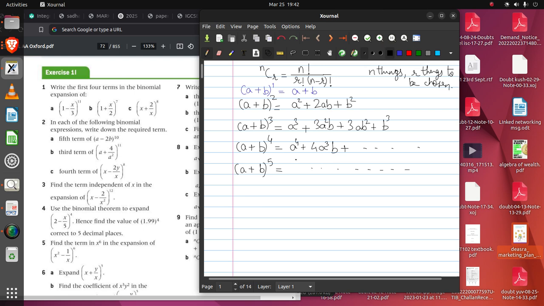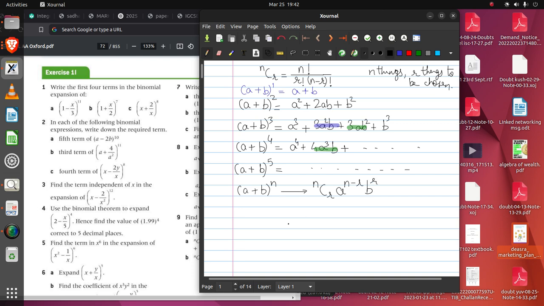For any binomial expansion like this, I can find a particular term, whichever term I want to know. I can simply use one formula and that will give me any term in the expansion. So the general term in the expansion can be written as NCR a raised to n minus r into b raised to r.